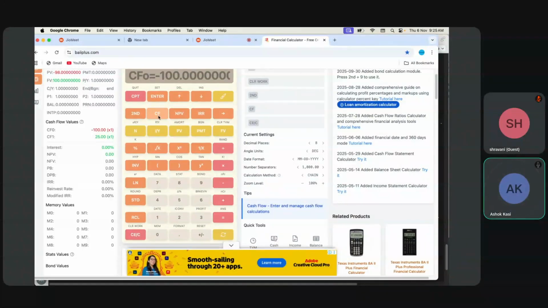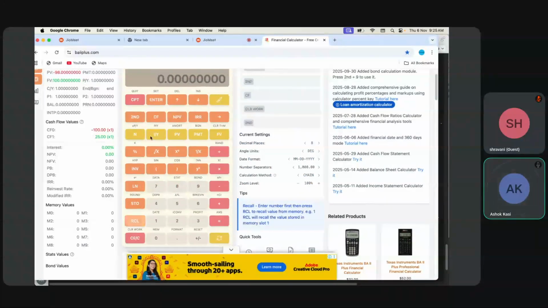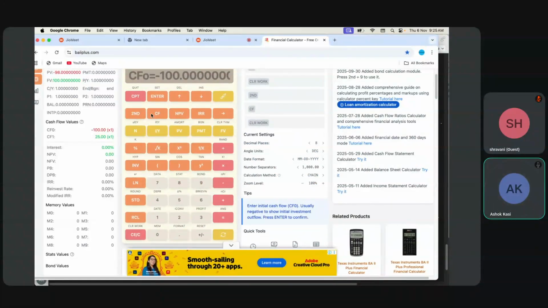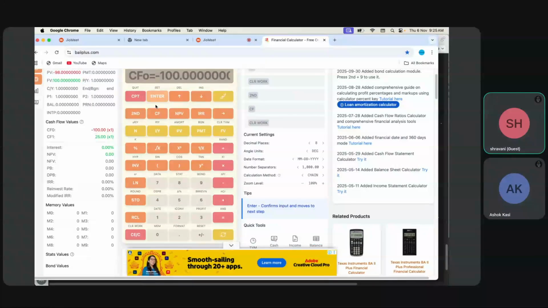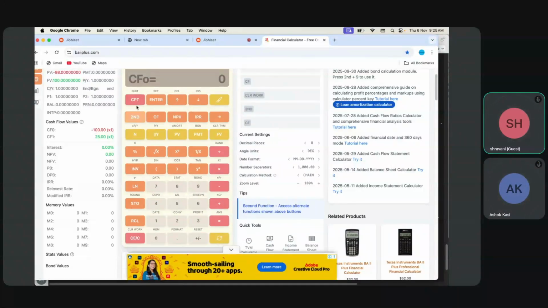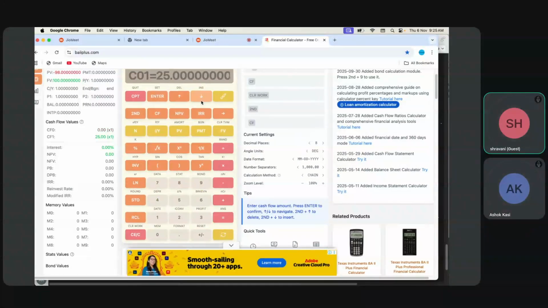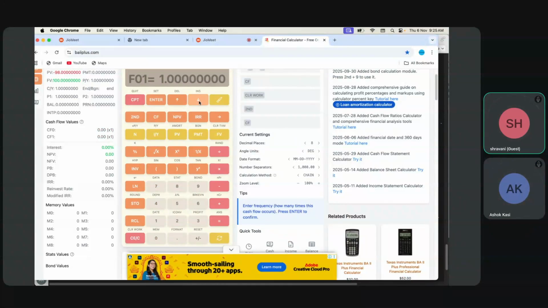Again, you go to cash flow. I think it is not cleared. Second clear work. Is it happening for you in your calci? I think here it is not working. It happened for me. Yeah, so there is something wrong here. Okay, I'll just manually do 0, enter. I'll just make it all 0 manually.